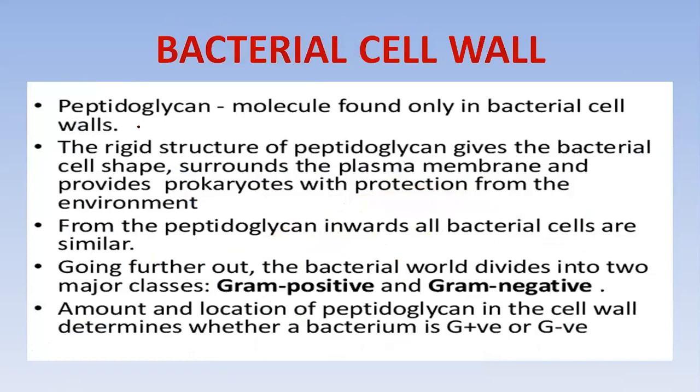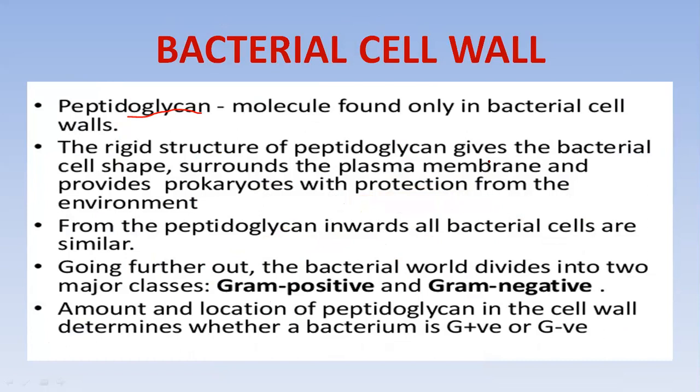The bacterial cell wall is actually made up of peptidoglycan, a molecule found only in the bacterial cell wall. We know that the plant cell wall is made up of cellulose. Chitin is the major constituent of the fungi cell wall. So peptidoglycan is the constituent of the bacterial cell wall. That is the specificity of bacteria.